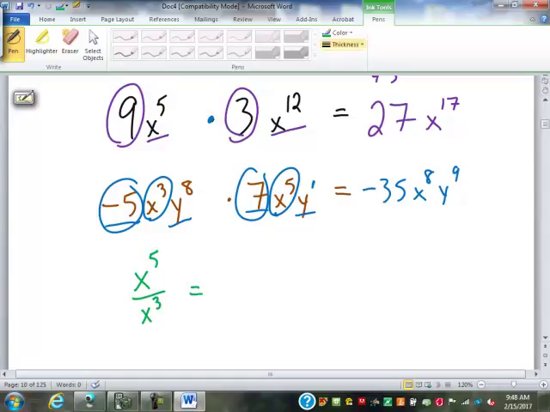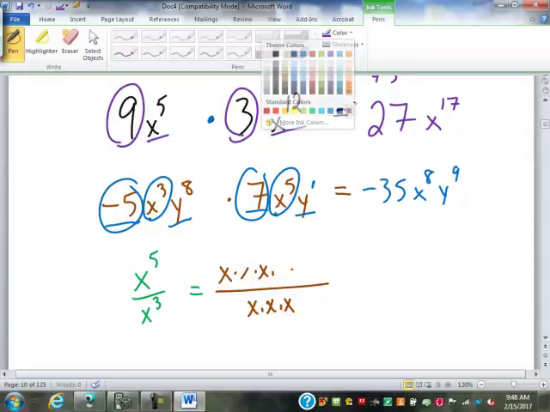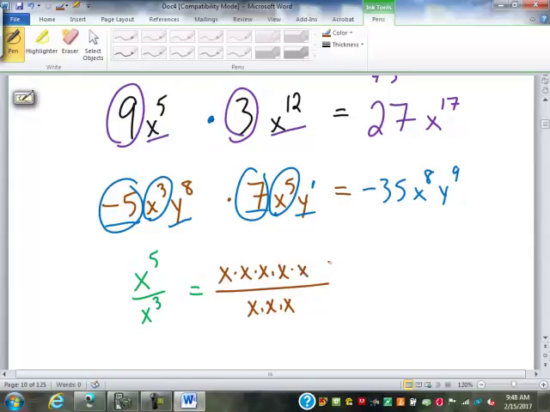If we're dividing x to the 5th divided by x to the 3rd, well, x to the 5th is 5 x's multiplied together. X to the 3rd is 3 x's multiplied together. If we're dividing, you can think of it like canceling.